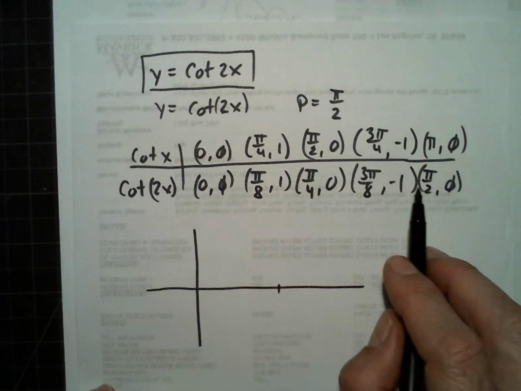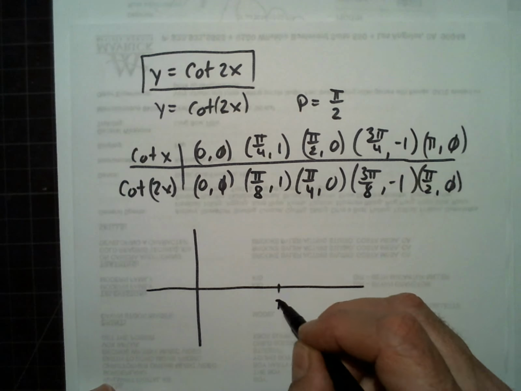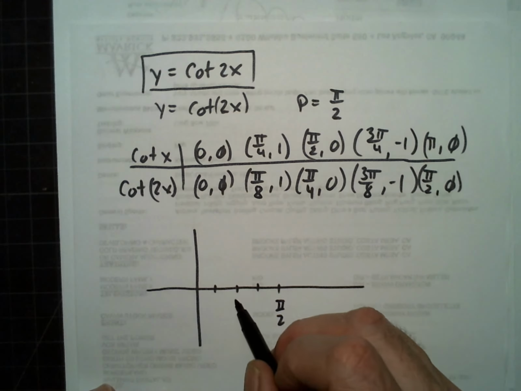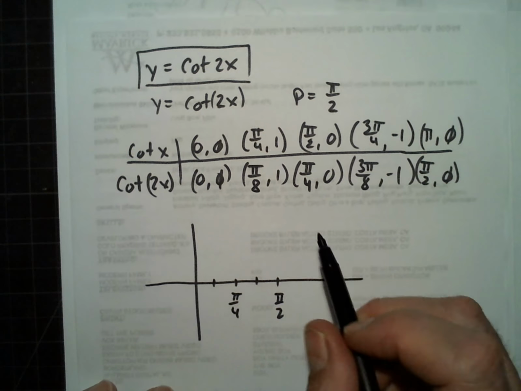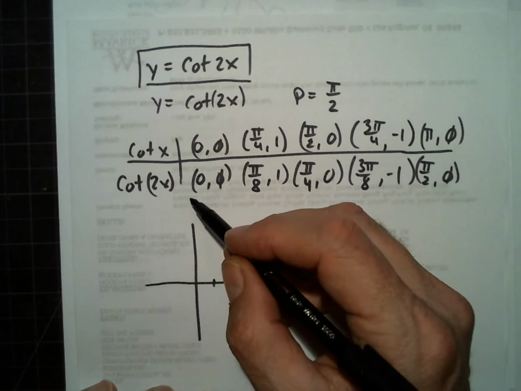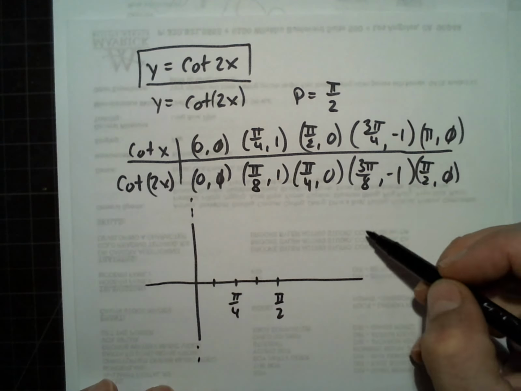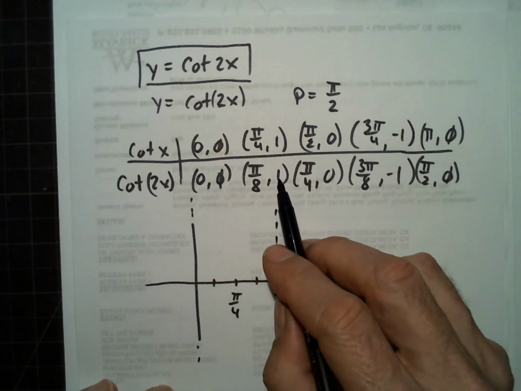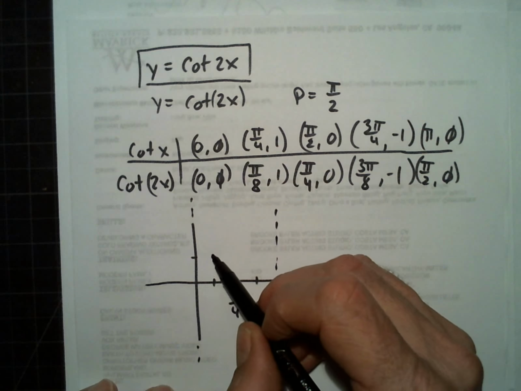So 0 to pi over 2, and we have an asymptote at 0, an asymptote at pi over 2, starting at 1.